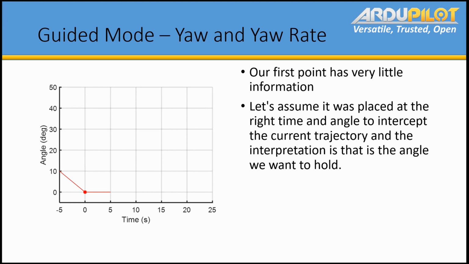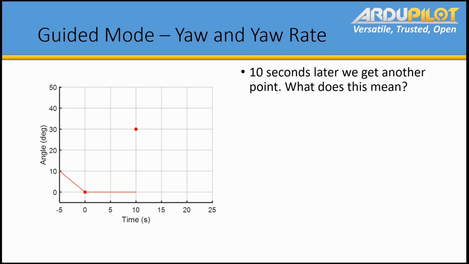And this particular graph sort of says that you're moving in that particular direction anyway, and so we can smoothly get to that angle and stop. But the idea is that, okay, we've only got this angle, so it's reasonable to assume that we want to hold that angle, right? We've only got one data point, so let's hold that angle.